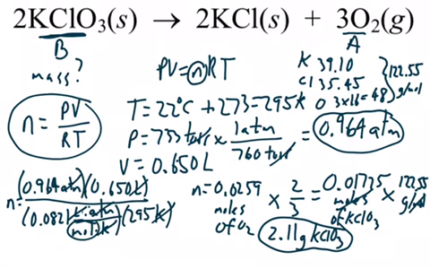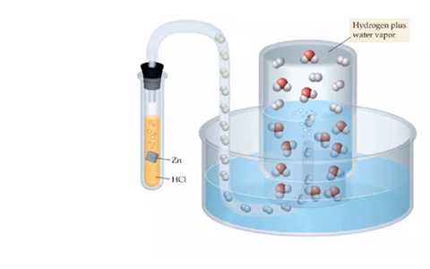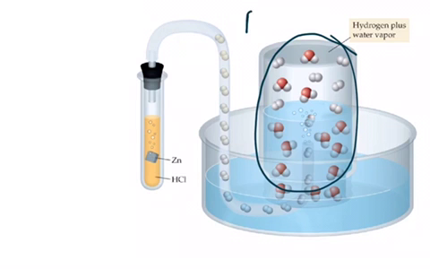Make sure that temperature is in Kelvin, volume in liters, pressures in atm. We had to change torrs to atm. But once you do that, you get this and you're good. So again, when you look at one of these problems, you'll notice that when you're collecting a gas over water, just remember that the pressure that's measured here, which is probably what they're going to give you in the problem, is referred to as the total pressure.